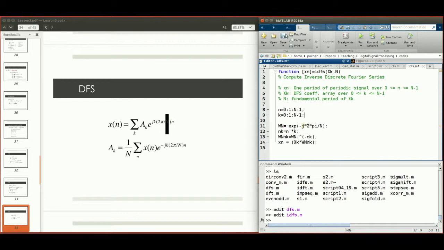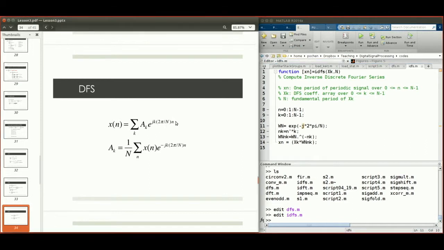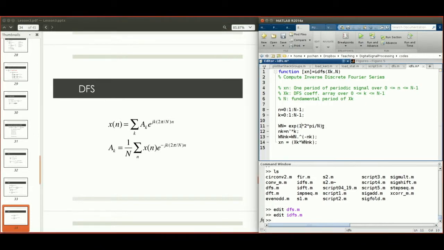And then we are still going to construct the two axes n and k, right? But now the constant is different. The constant is e to the j times 2 pi divided by big N. So let's just use 1i, j is 1i, times 2 pi divided by big N. That's going to be our complex constant. We construct n and k times n, this matrix, in the same way.